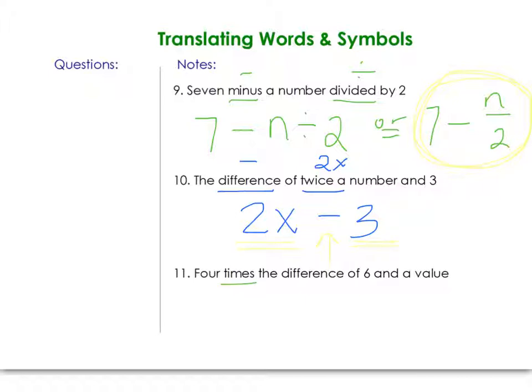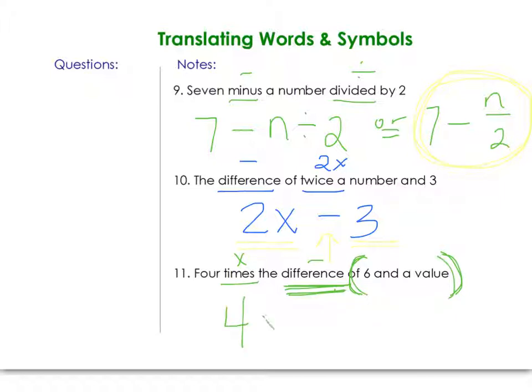4 times the difference of 6 and a value. Well, this is the same thing I did on the last page, where when I see difference of or sum of, I'm putting parentheses around whatever comes next.